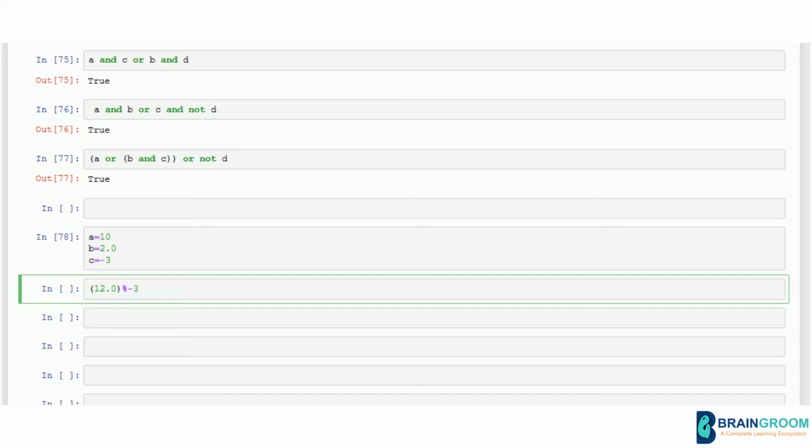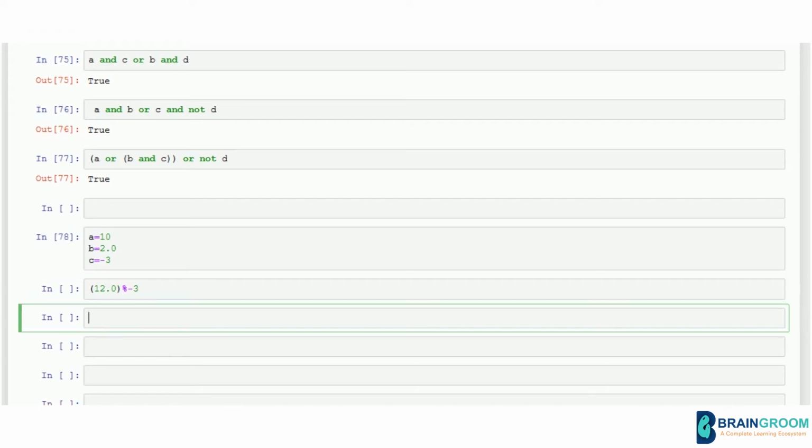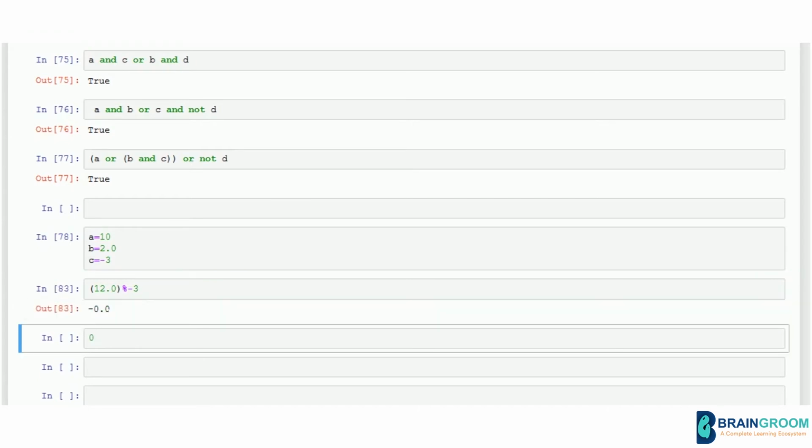Now mod C is -3. So how do you actually evaluate this? Don't get confused by these decimal points or your negative numbers. This is exactly as you normally do your modulo. See, 12 mod 3 is what happens when you divide 12 by 3. You don't have a remainder. The remainder is actually 0, so your answer will be 0. But when you have a negative sign, Python just shows you that negative sign too, so it shows you as minus 0.